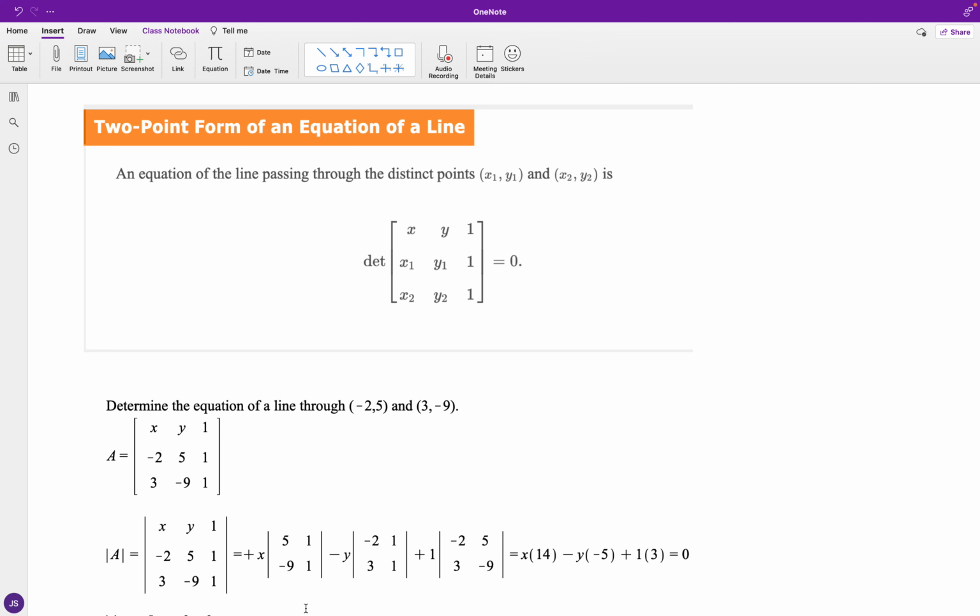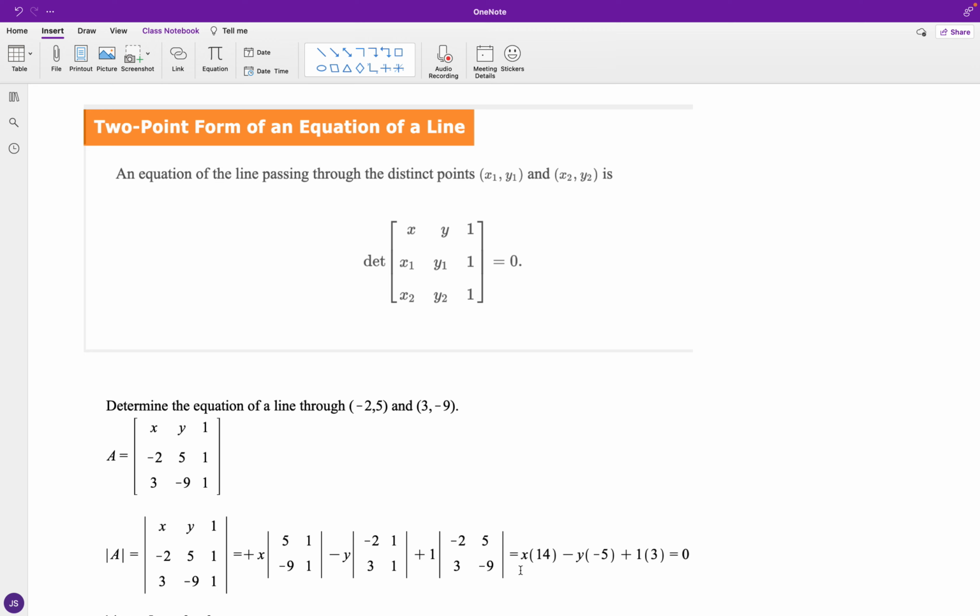The first row, first column minor has 5 and 1, negative 9 and 1. The first row, second column minor has negative 2, 1, 3 and 1. And the minor for the first row, third column has negative 2 and 5, 3, and negative 9.